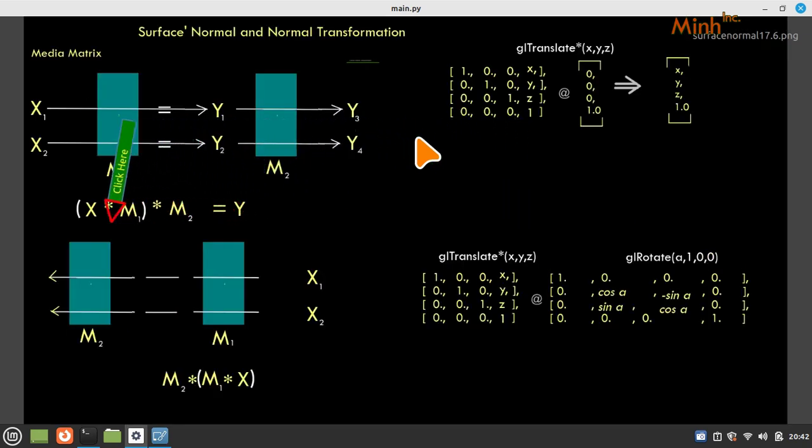Okay, now what about if there are two matrices? Input signal passes through a matrix and it becomes output signal. Output signal passes through a matrix and it becomes a new output. So this output becomes input to the second matrix, and this is the story. Two matrices. Input is first multiplied by matrix 1, that becomes input to matrix 2, and that is the output.